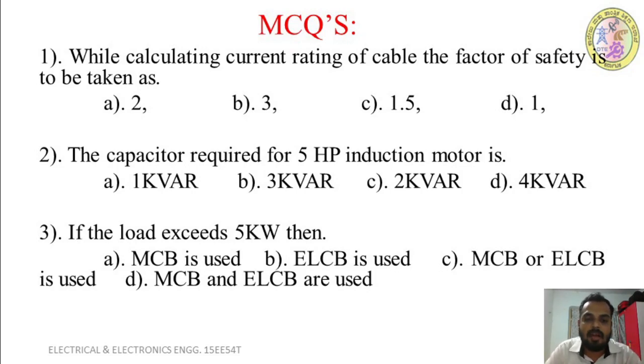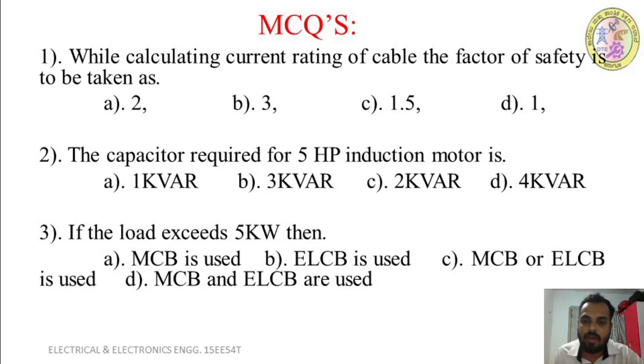The capacitor required for a 5 HP induction motor is. So what is the power capacitor rating required for a 5 HP induction motor? There are 4 options provided here: A 1 kVAr, B 3 kVAr, C 2 kVAr, D 4 kVAr, right? As we have discussed in the session, for every 2.5 HP, 1 kVAr is to be provided.